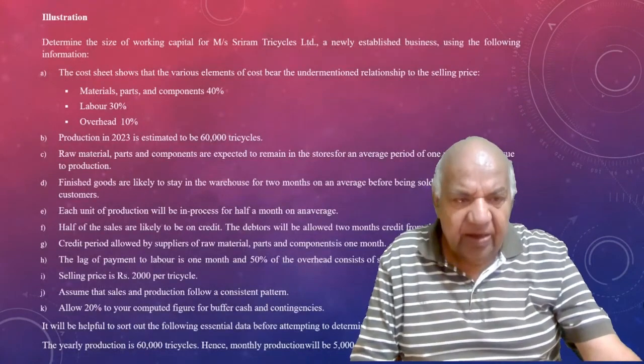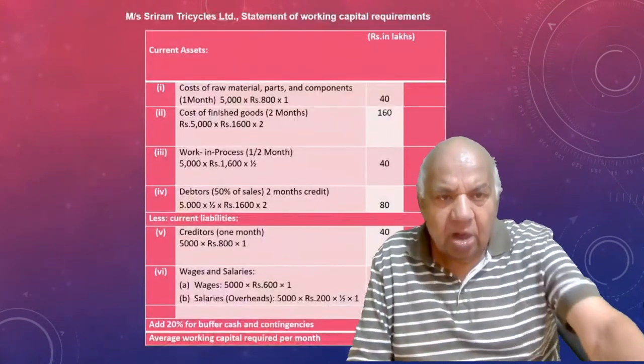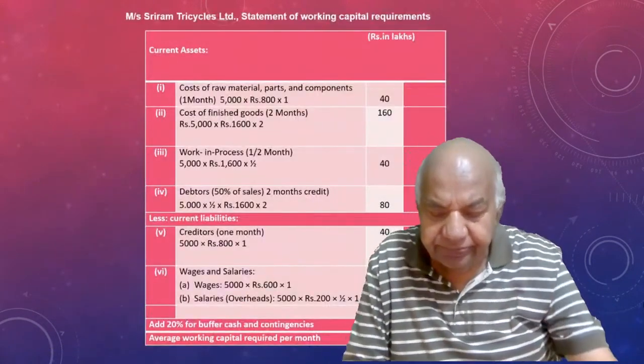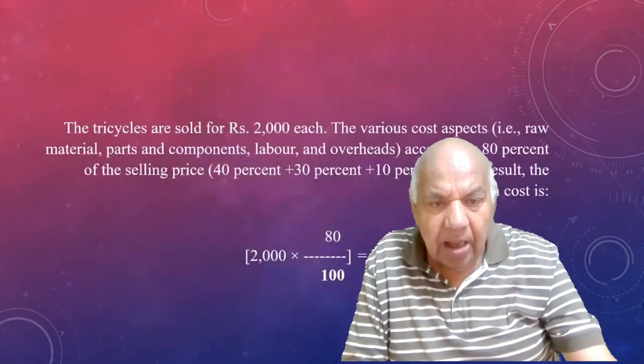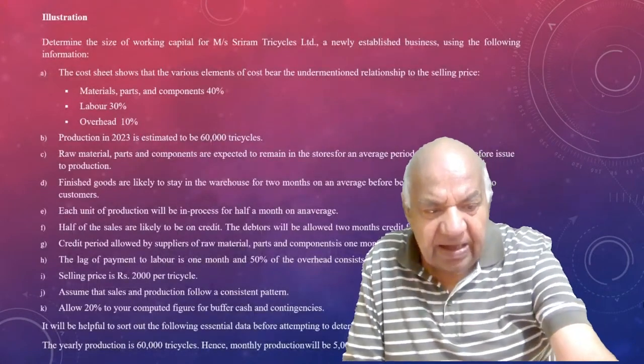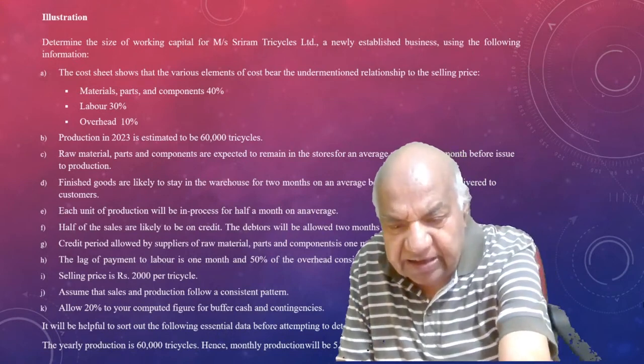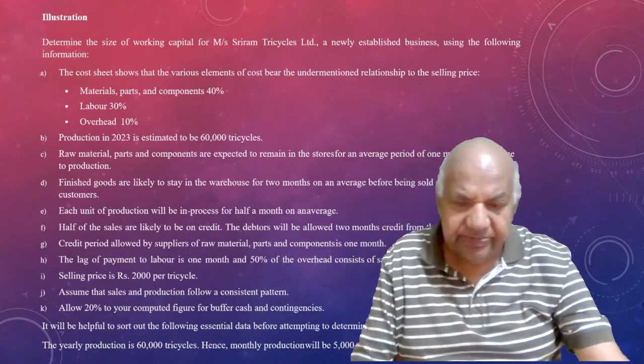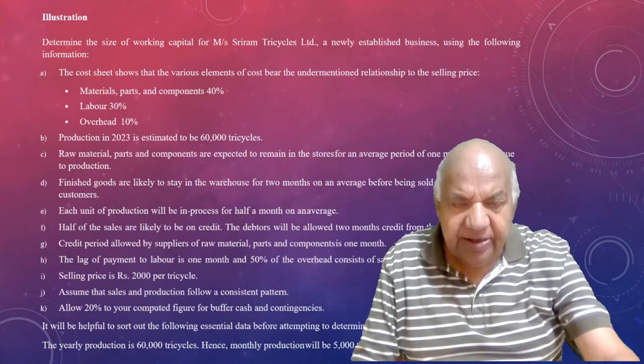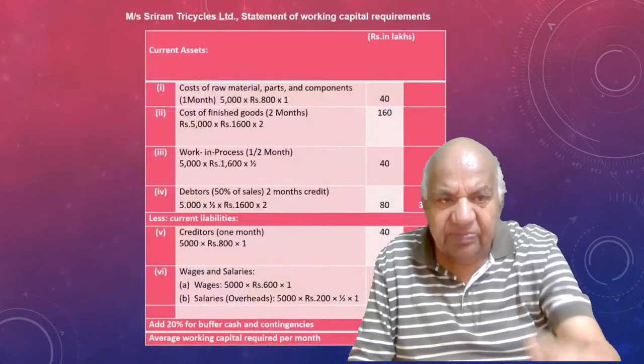Now, one by one calculation. Cost of materials. It is given here, the monthly production is 5000 tricycles. So we are calculating it for 5000.